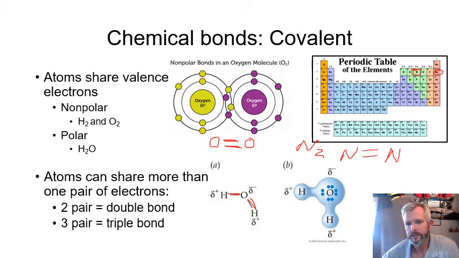So they're going to share 3 electrons to create what we call a triple bond. So you see this notation: 1 line means single, 2 lines a double bond, which means they're sharing 2 electrons, and 3 lines means sharing 3 electrons.